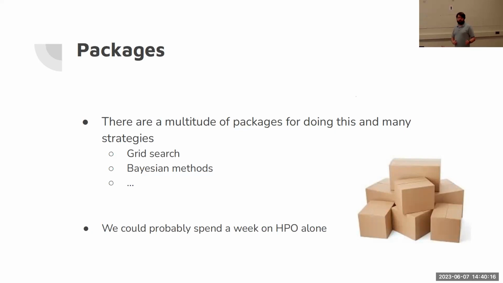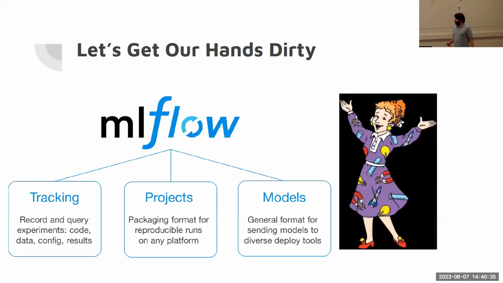You can take it back to your home institution and play around with it. We'll be sticking to grid search, something rudimentary, brute force, and easy to understand. I could definitely spend a week just on hyperparameter optimization, how to do it efficiently, what packages and methods there are.